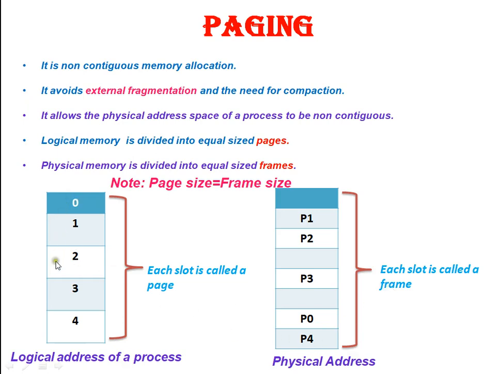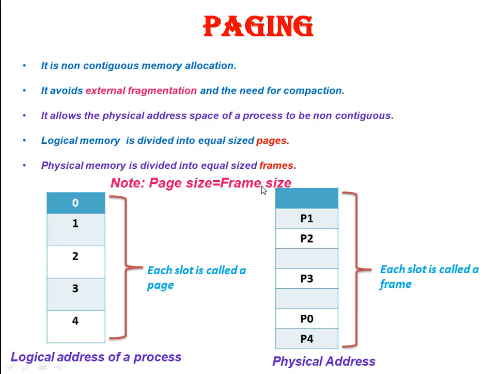Each page is stored inside your physical memory. Page 0 is stored in this position, then page 1, page 2, page 3 and page 4 respectively. But note that always the page size should be equal to the frame size.